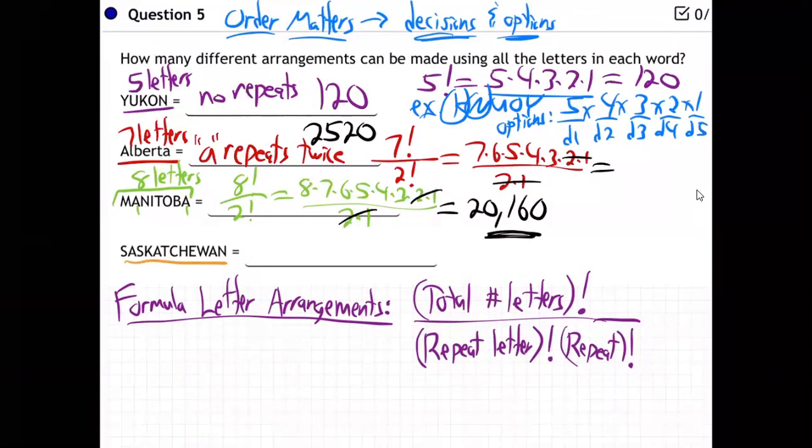And then we come to this one, Saskatchewan. How many letters is that? 1, 2, 3, 4, 5, 6, 7, 8, 9, 10, 11, 12. 12 letters, so we're going to go 12 factorial over. Now, how many repeats do we have? We have A and A, and A. 3 A's. Couple S's, don't we?